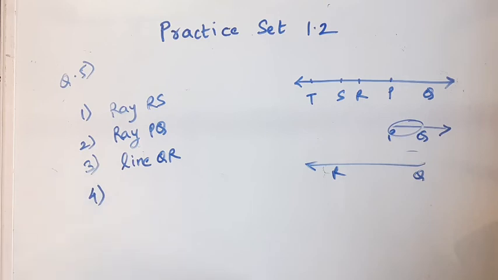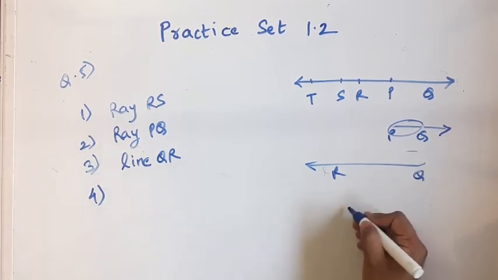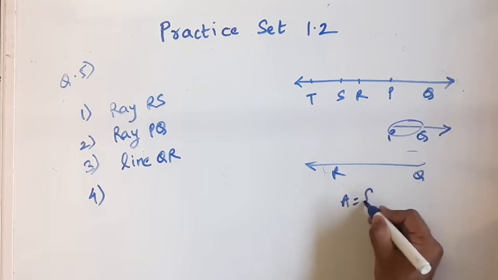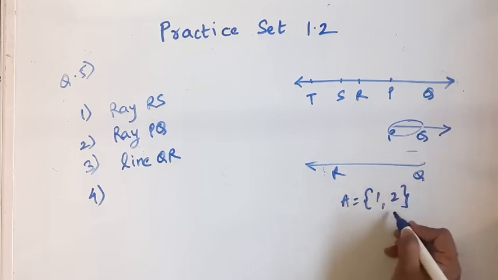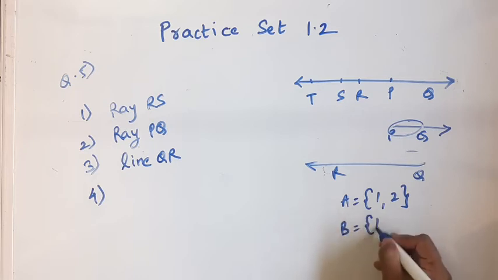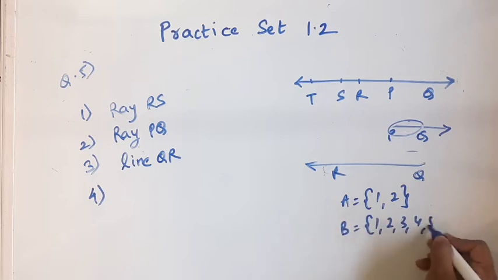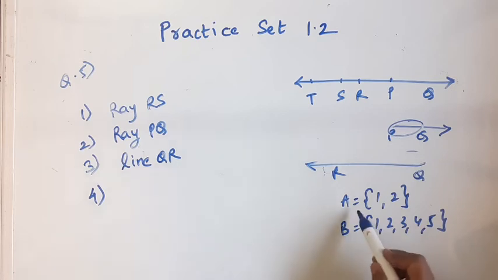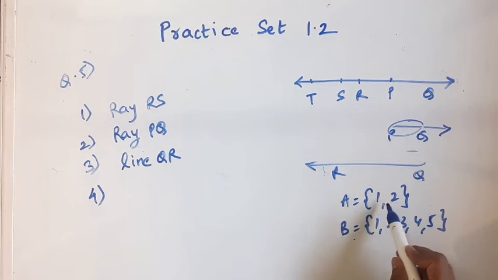Then the fourth one is, state the rays of which seg QR is a subset. Now you know, children, what is a subset. If A has elements 1 and 2, and B has elements 1, 2, 3, 4, 5, so I can call A the subset of B. A has elements from B, not all, but it is smaller.